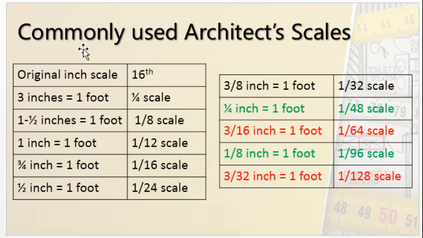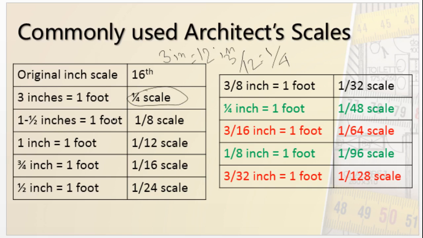There may be 3 inch equals to 1 foot, also called 1/4 scale. To clarify, 3 inch equals to 1 foot means 3 inch equals to 12 inch exactly. So the ratio will be 3/12, and that is 1/4, also called 1/4 scale.